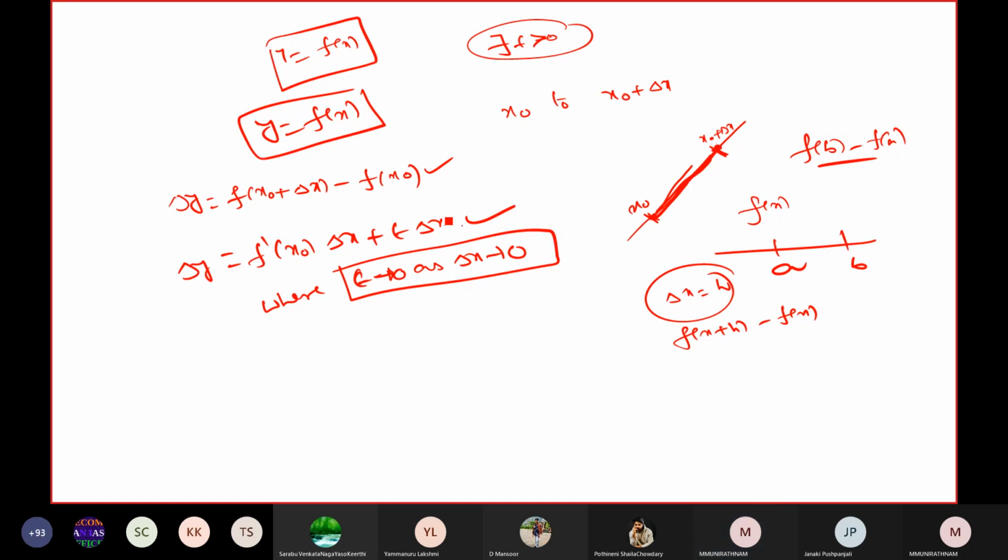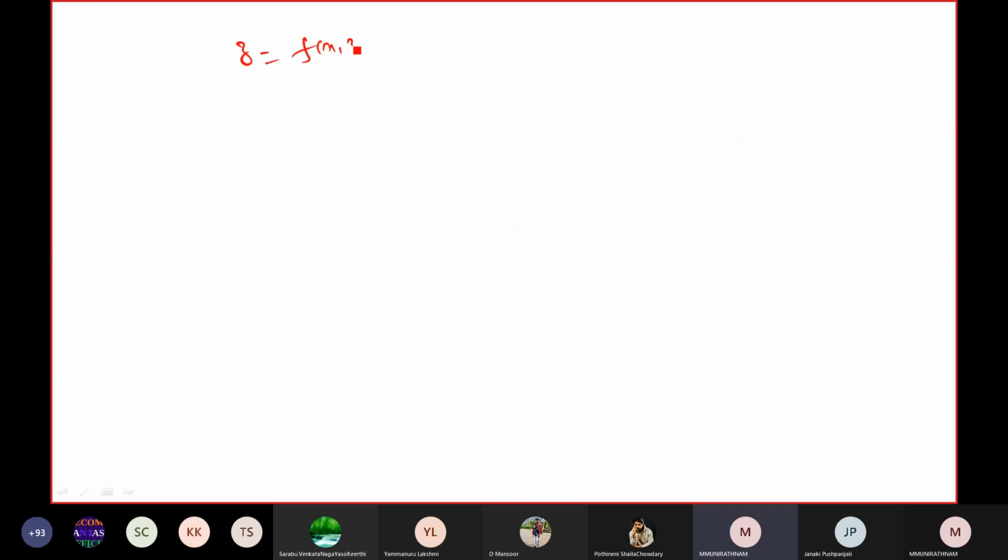In the same way, for z equal to f of x comma y, the amount of change only in the x direction is delta x of z, which will be f of x plus delta x comma y minus f of x comma y.